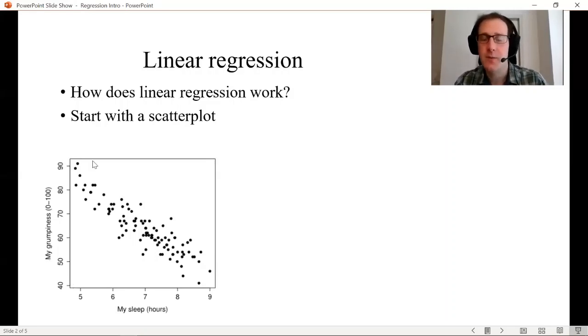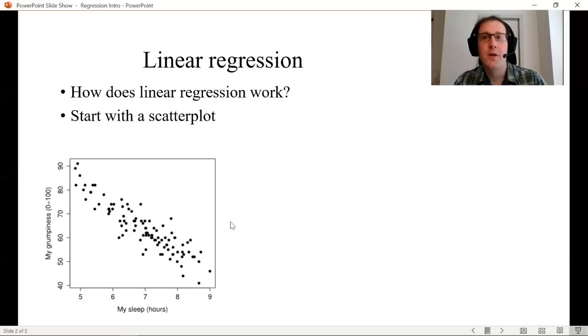So all of these represent an individual participant's data in terms of sleep and in terms of grumpiness. And you can glance at this and say, okay, that looks like a negative relationship, so that the more you sleep, the less grumpy you are overall.